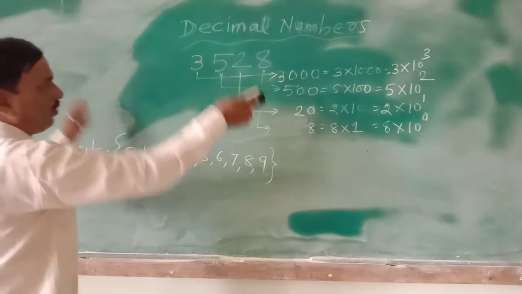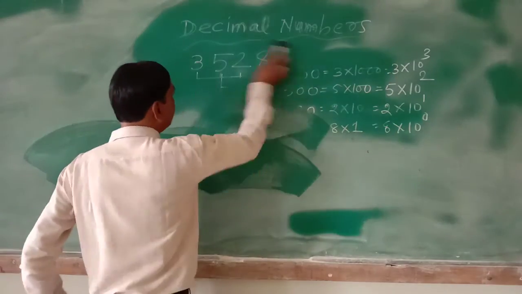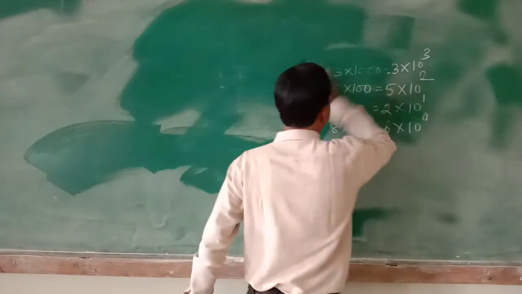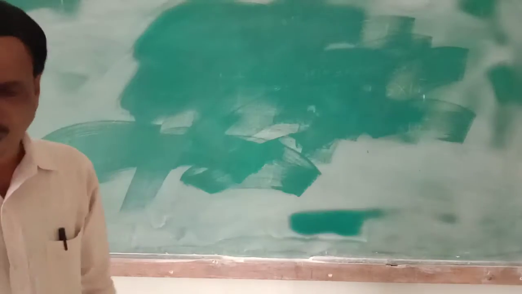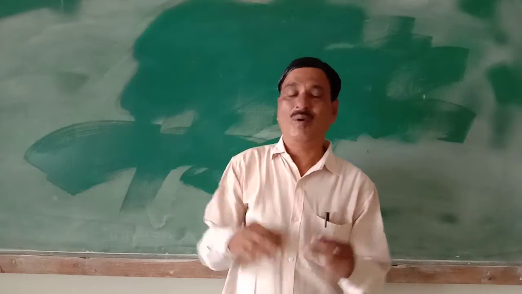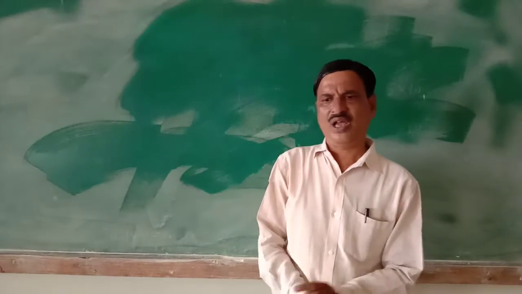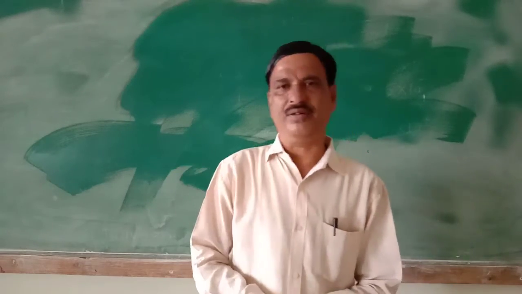I think we have one more example to see. So what is the definition of a decimal number? Whatever discussion we have seen, you can define it now.